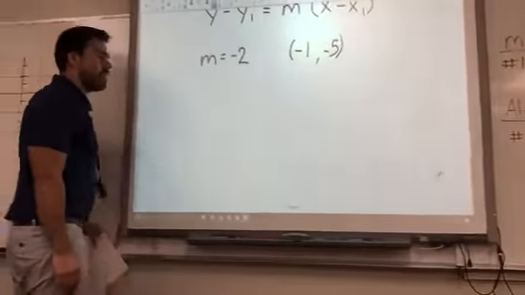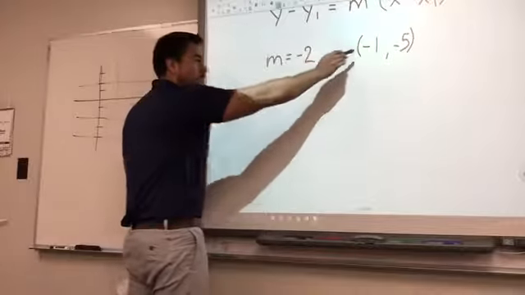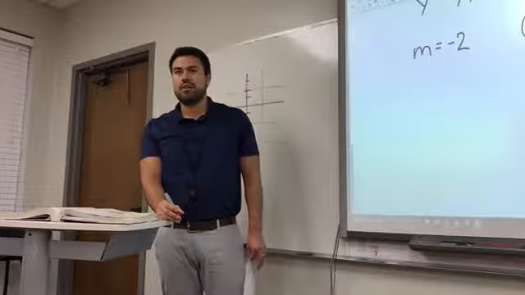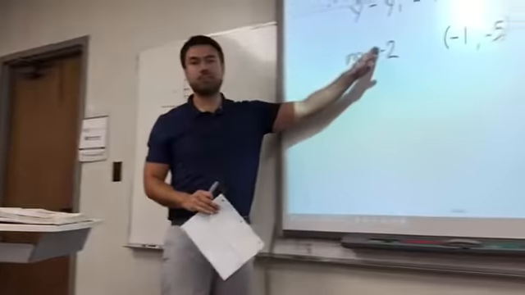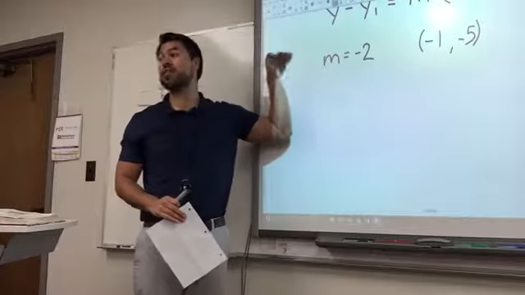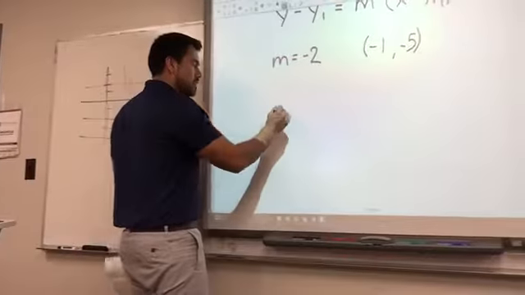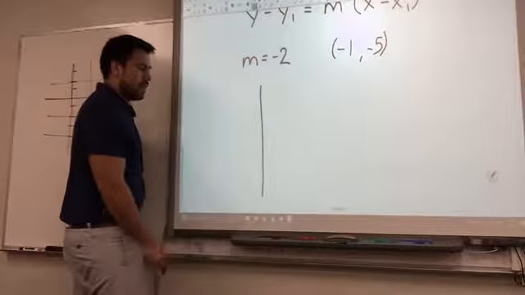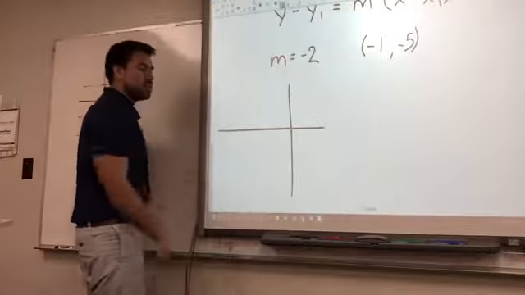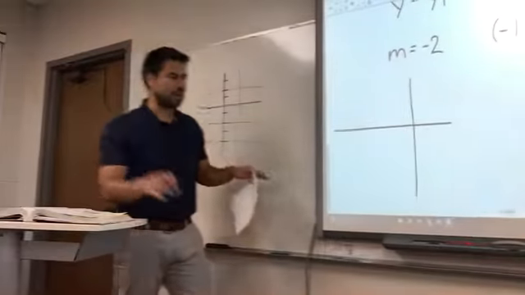All right, I have enough to start my graph. Okay, what quadrant is -1, -5 in? Third quadrant, and you notice how my slope is going. Do you know what direction it's going to go, left to right? It's going to go down. All right, so I'm going to draw my y-axis, and then I'm going to emphasize that third quadrant, because that's where most of my graphing is going to be done.